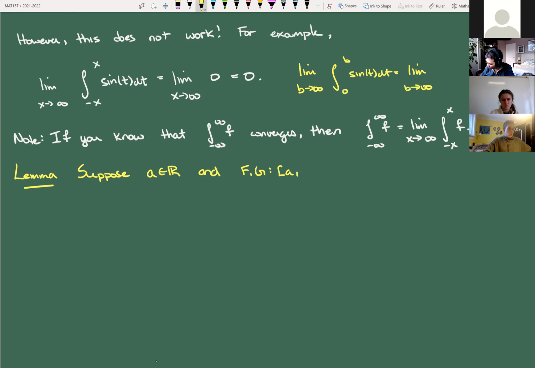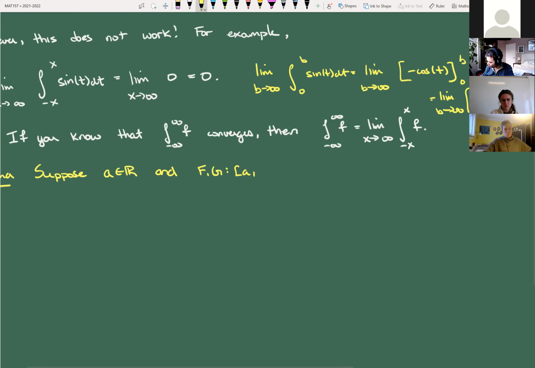So what's the antiderivative of sine? Negative cosine. And that gives you the limit as B goes to infinity of minus minus 1, so 1 minus cosine B.